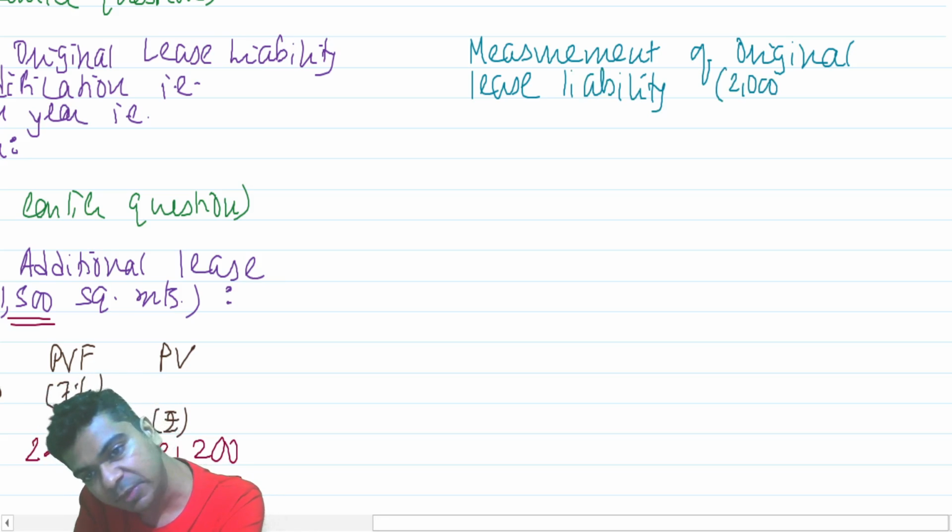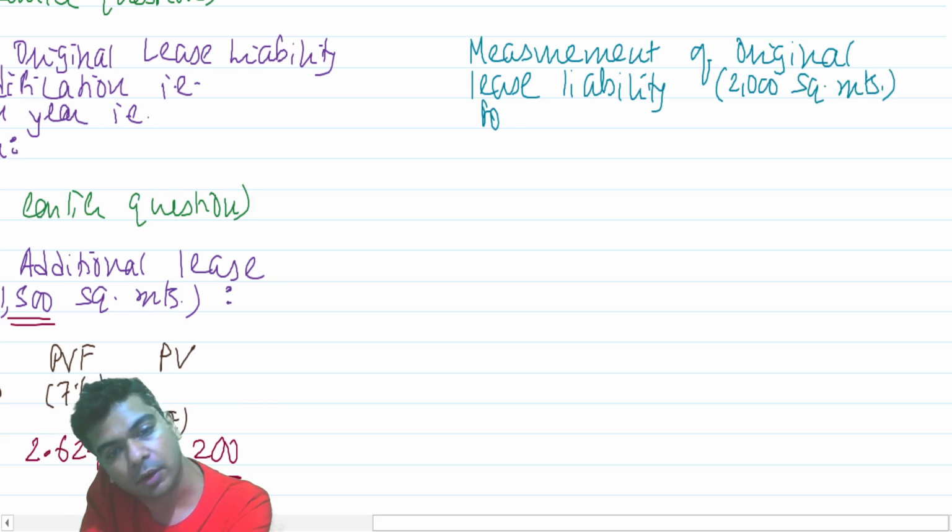By original we mean 2000 square meters for reduced lease term.